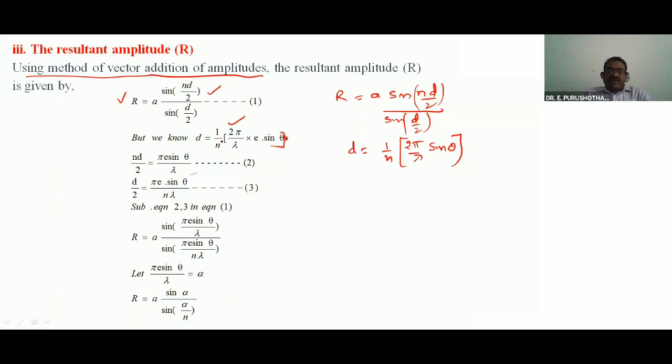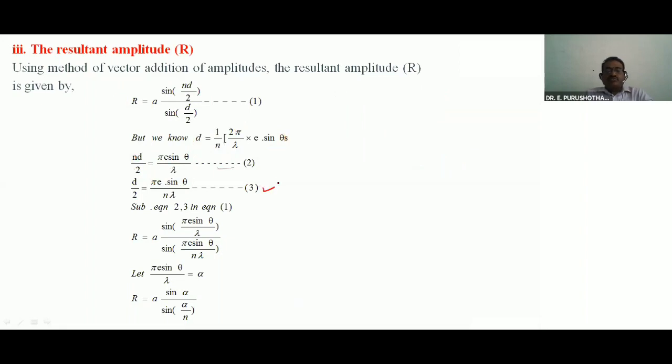From this relation we can write nd by 2 is equal to pi e sine theta by lambda. This is equation number 2. From equation 2, d by 2 is equal to pi e sine theta by n lambda. That is equation number 3.